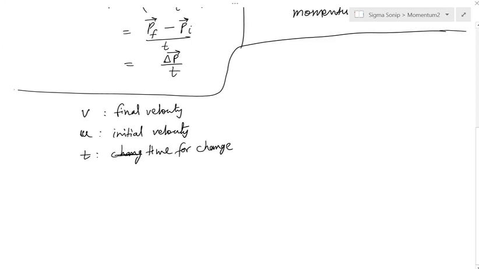The velocity initially was u, and after t seconds it became v. You are also given the mass, and then you're required to find the force.